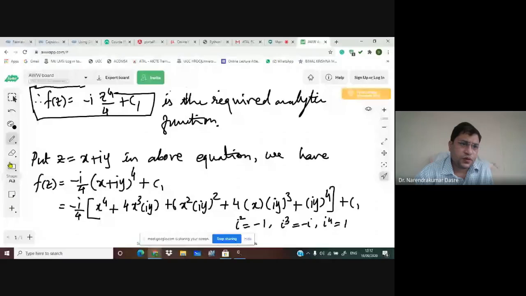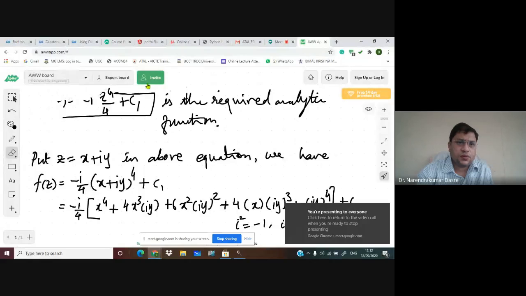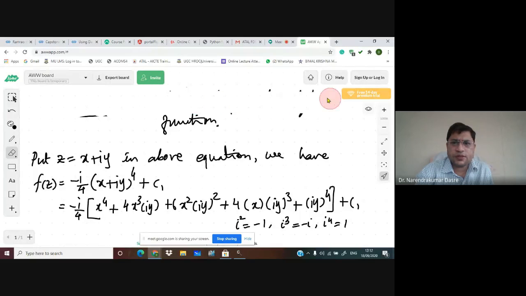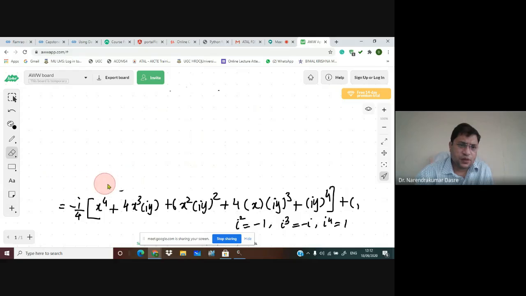Okay. So what we have here, we have to simplify this. So let's have this. We have f of z is equal to minus i by 4. So we have x raised to 4.